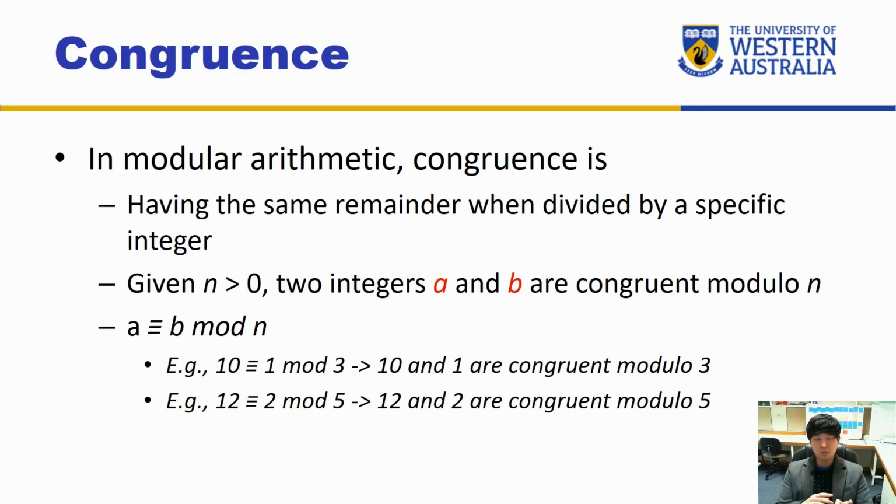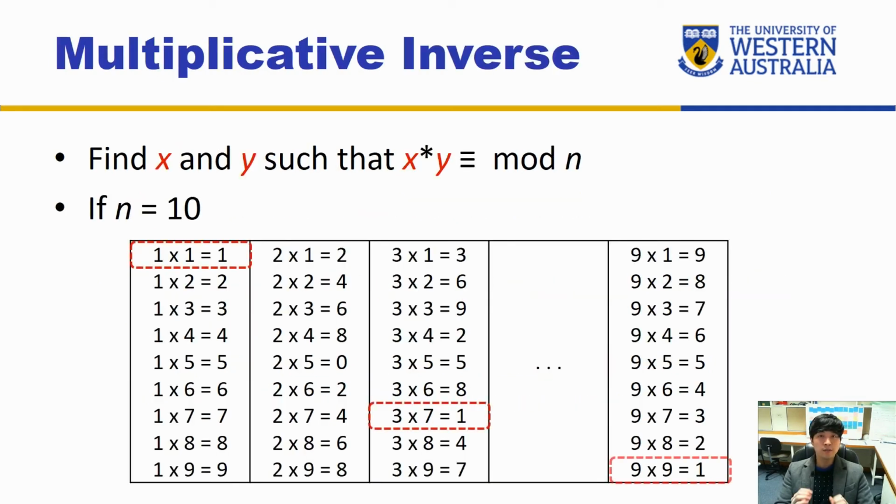That means in a modulo 3 clock, value 10 is equivalent to value 1, so they are congruent to each other. Similarly, 12 is equivalent to 2 mod 5, so we can say that 12 and 2 are congruent modulo 5. Those are just a few terms that we use later, so keep that in mind.